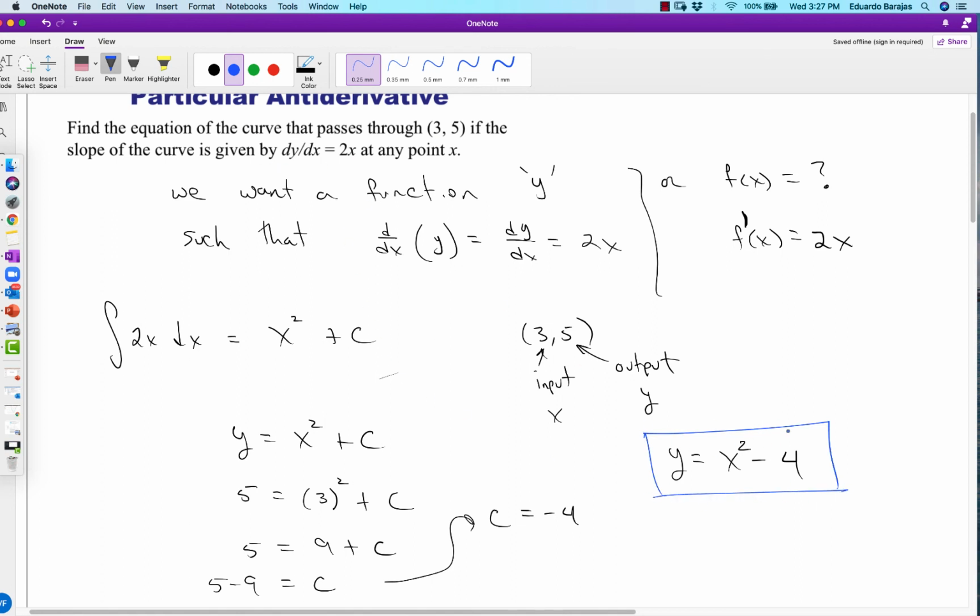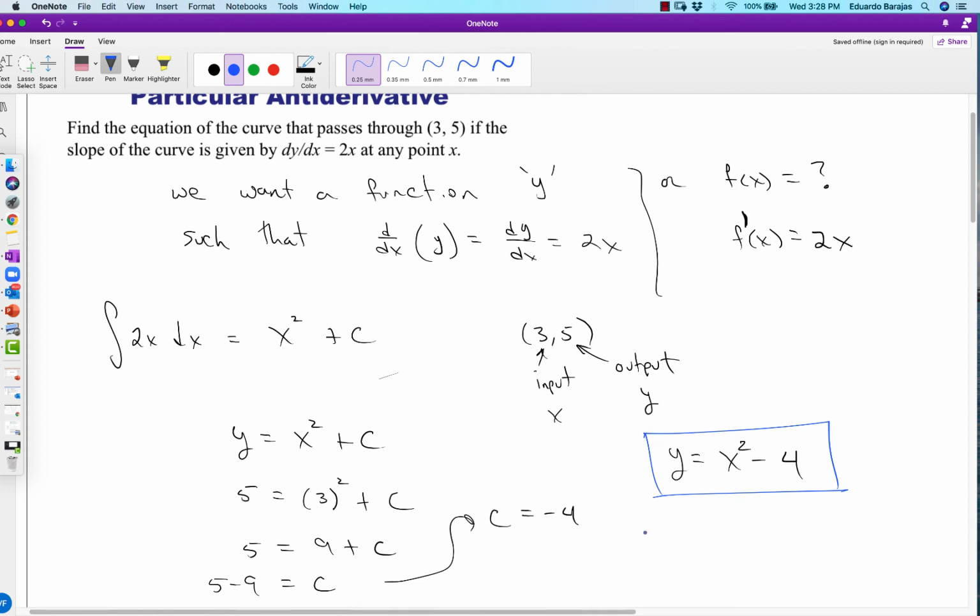So the derivative of this is going to be equal to 2x, right? So find the equation of the curve that passes through this point if the slope of the curve is given by dy/dx equals 2x for any point.